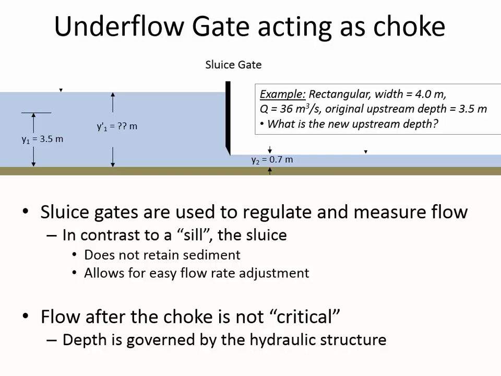The depth originally was 3.5 meters, and then we have 9 meters squared per second, squared, divided by 2 times 9.81 times 3.5 squared. So the original energy that was available is 3.837 meters. And from that we can see that the energy required is greater than the energy available, so there will be pooling.